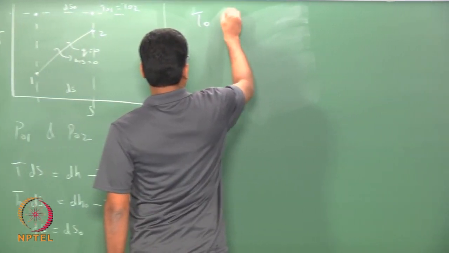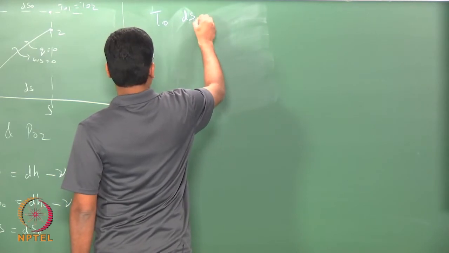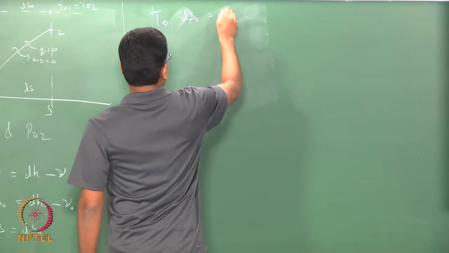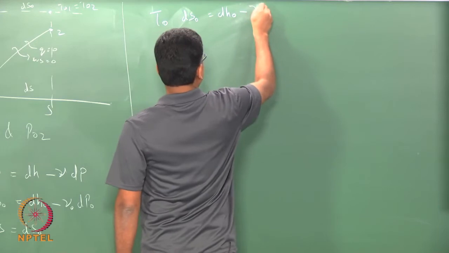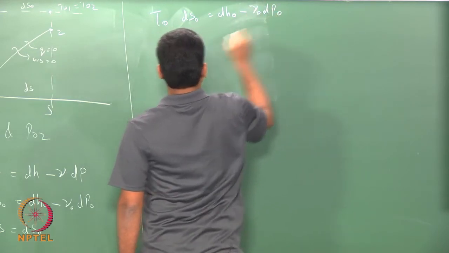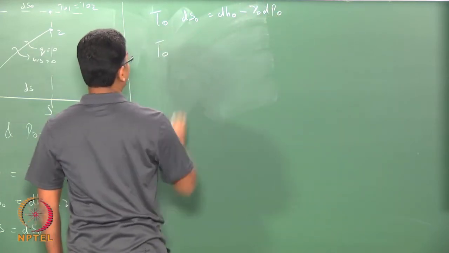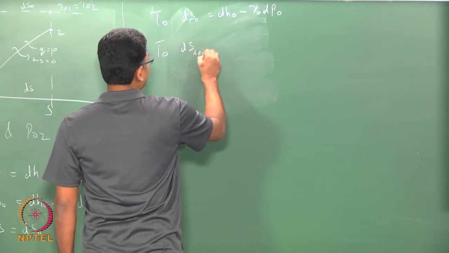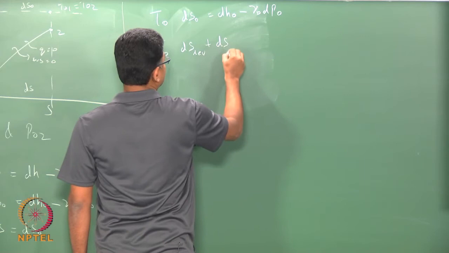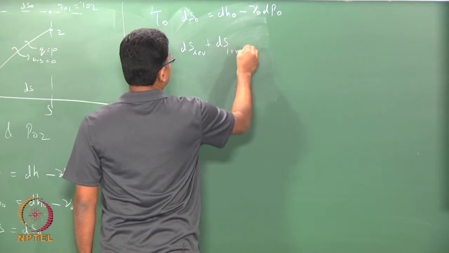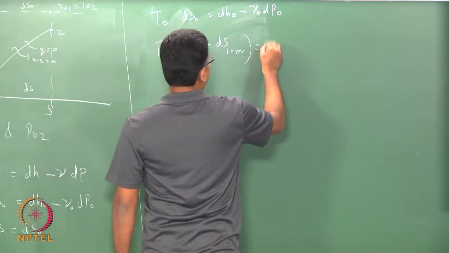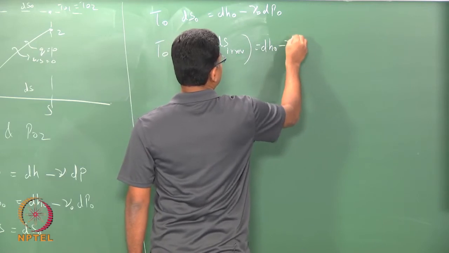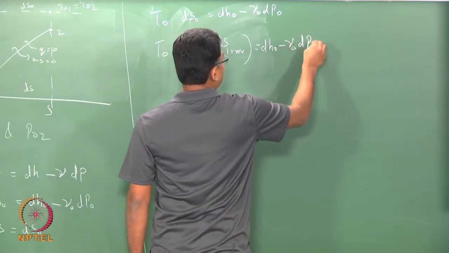T ds0 equals dH0 minus V0 dP0. Like before, I split my ds into ds reversible plus ds irreversible equals dH0 minus V0 dP0.